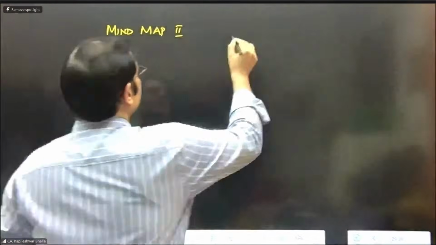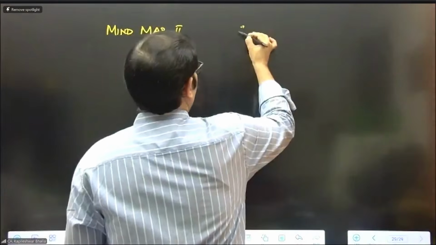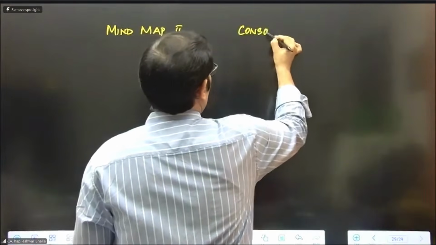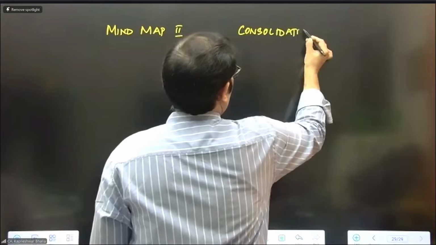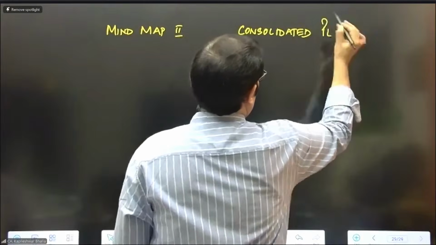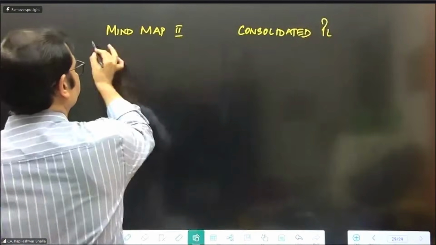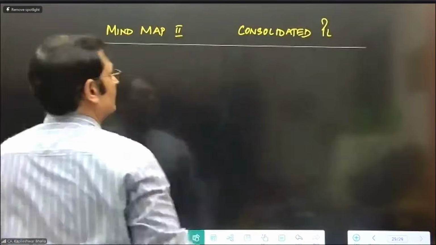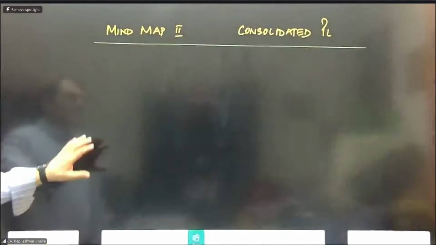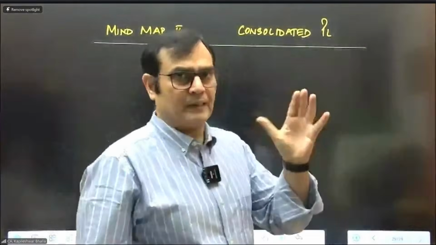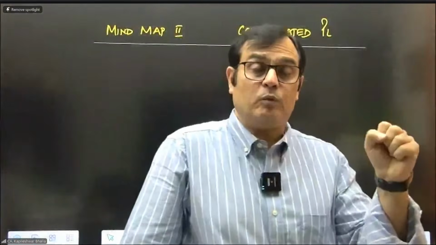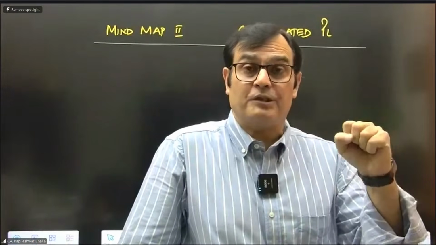Okay, so we are making a consolidated P&L mind map in terms of consolidated profit and loss. Consolidated income statement, or let's call it a consolidated P&L. So I think in this particular case, what I will do, first of all, I'll run through that. Let's say if you're looking at a consolidated P&L, what is the impact of those 5 adjustments?